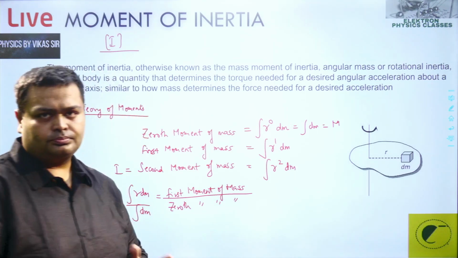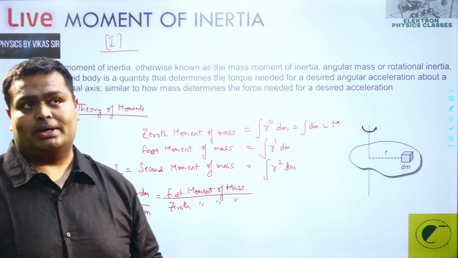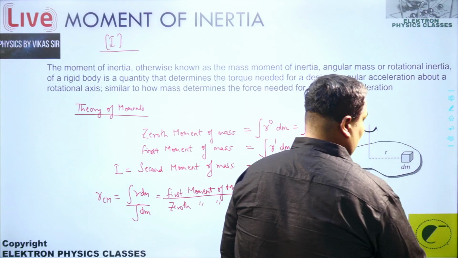This is for a large number of particles. A rigid body has a large number of particles, of which we select one particle.